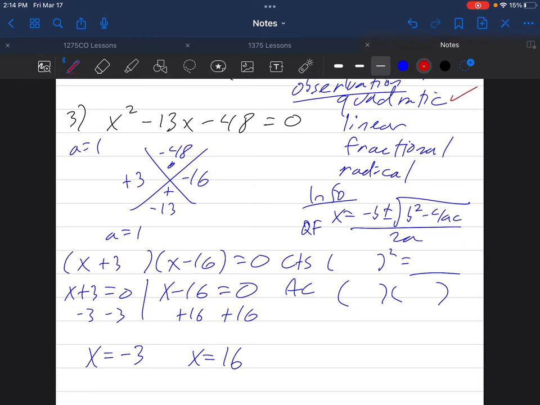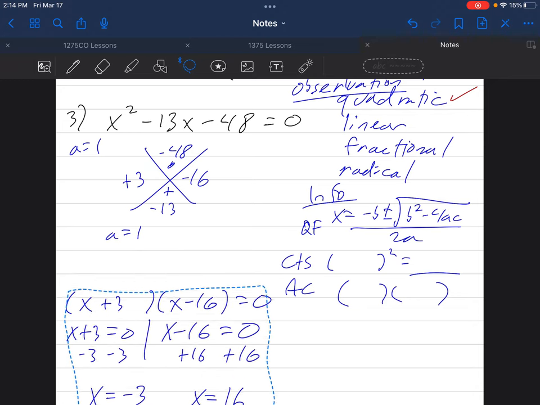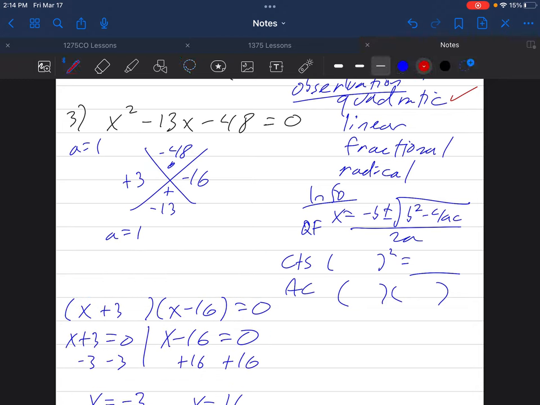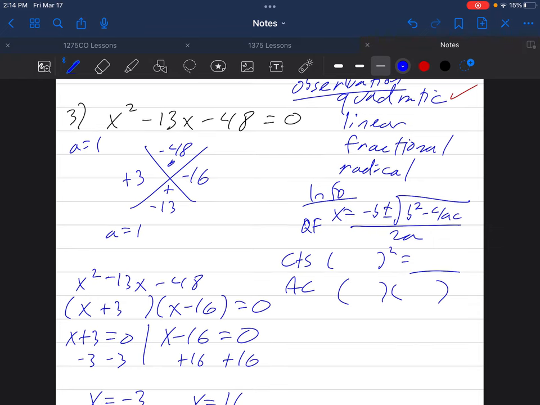All right, so notice again, let me move this down so I can write something above it. We are taking this equation, x squared minus 13x minus 48 equals 0, and we are factoring it.